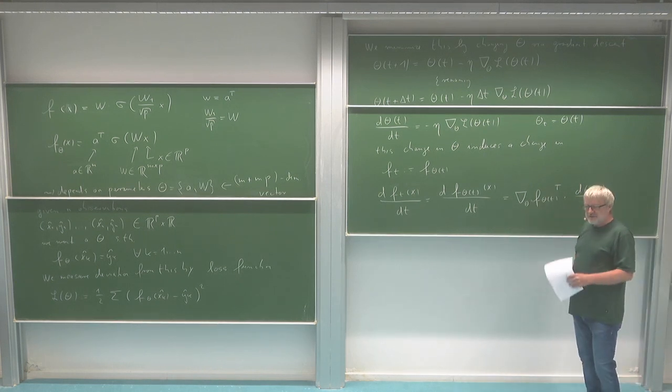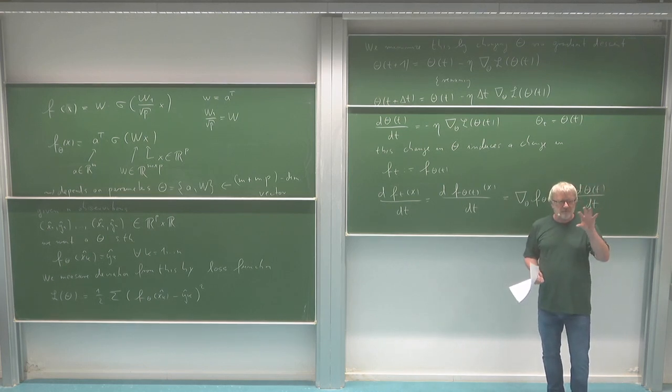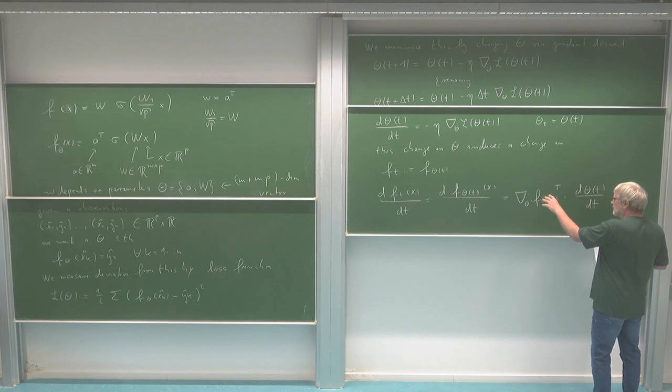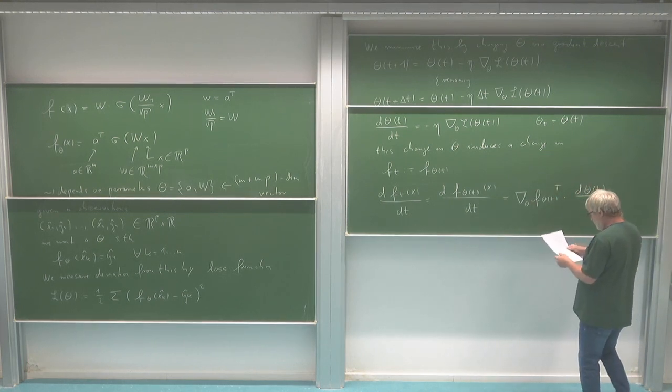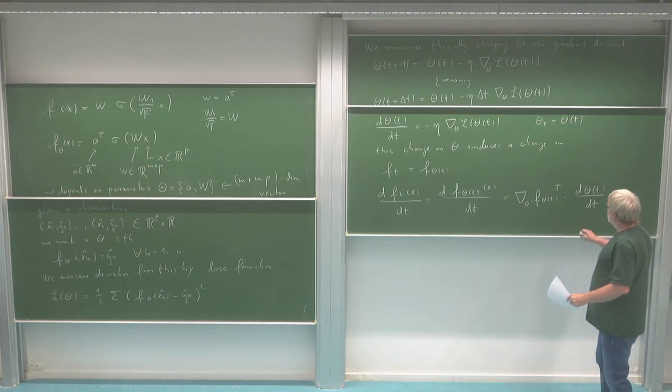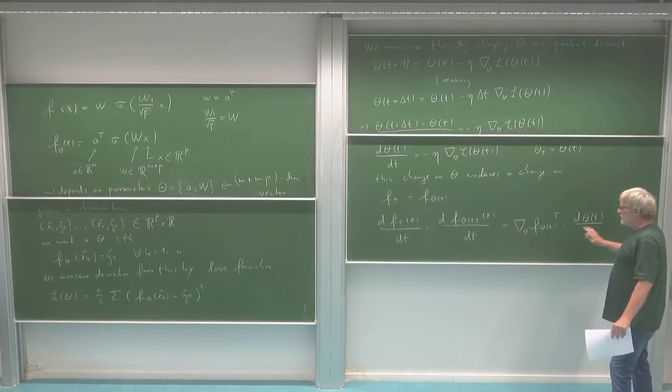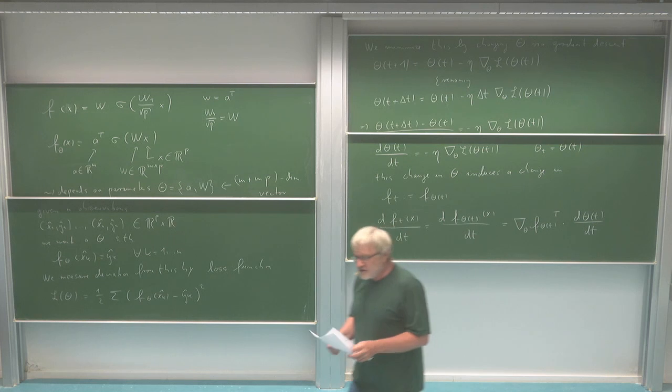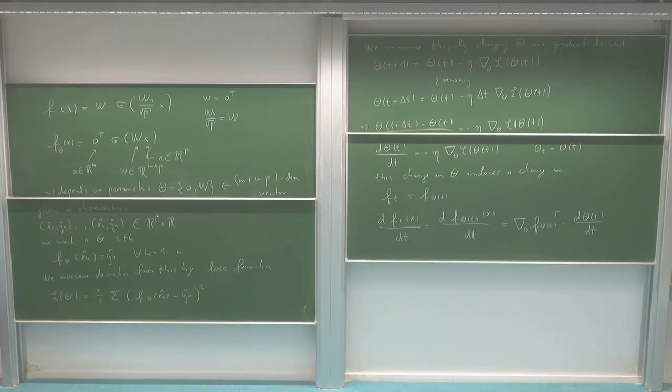So this is the inner product between this and this, which is just the chain rule. Good, and of course we know something about this, so we should plug this in and see what we get from this.